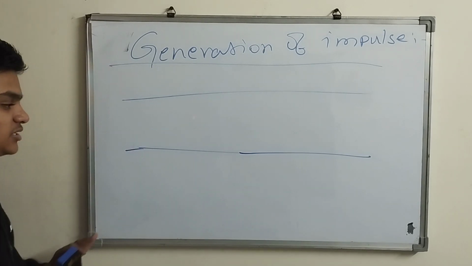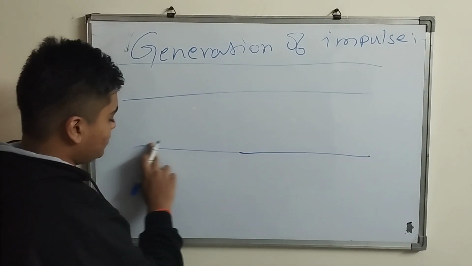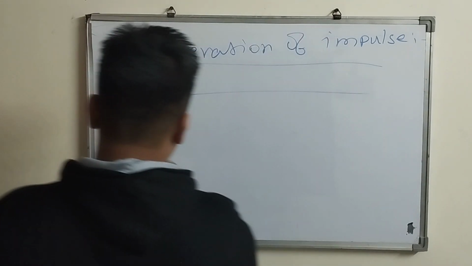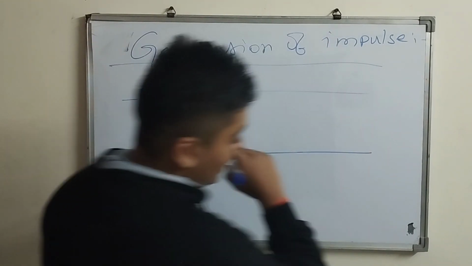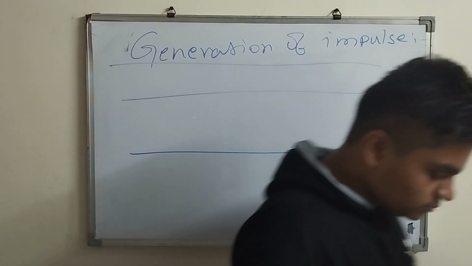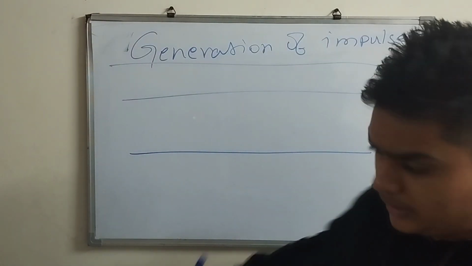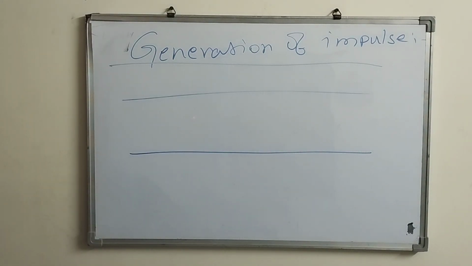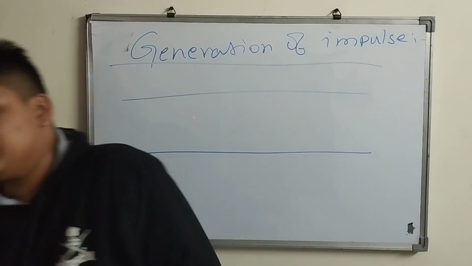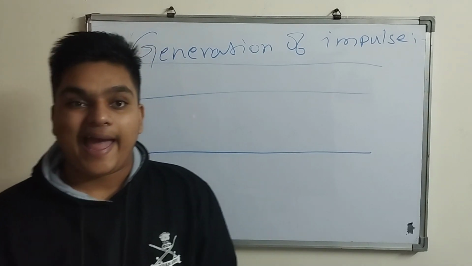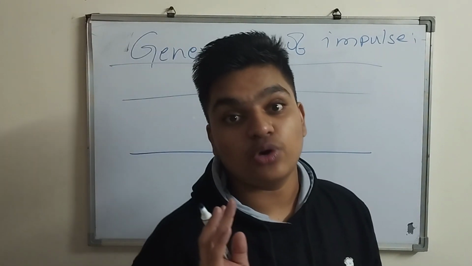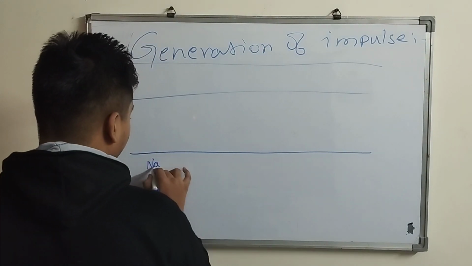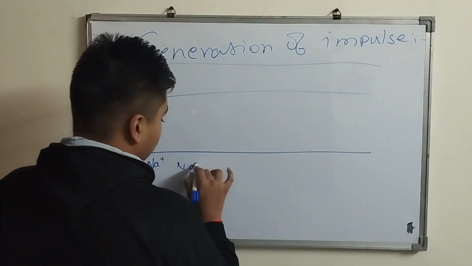During the resting condition, the axolemma is nearly impermeable to sodium ions. So these sodium ions remain on the outside.